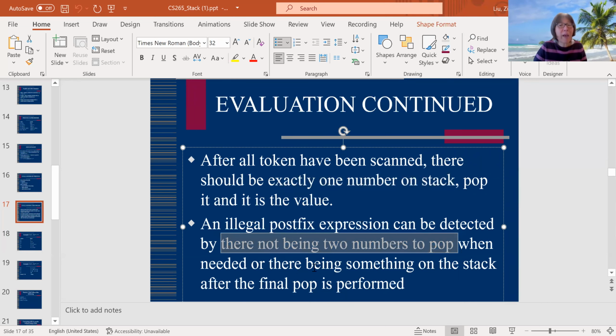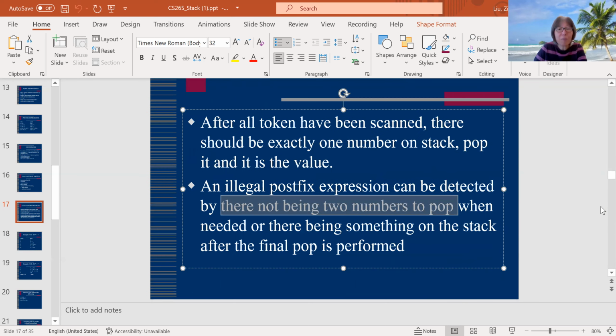And also at the very end, when you finish a scan, there should be just 1 number. If you have more than 1 number in the stack, that means something is wrong. If you don't have any number to be popped, that also means something is wrong. So this algorithm can also help us to detect the wrong postfix expression.